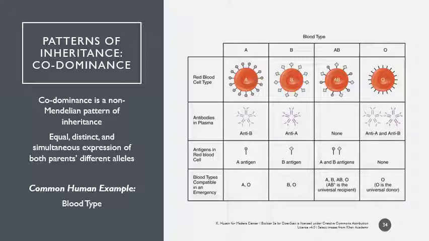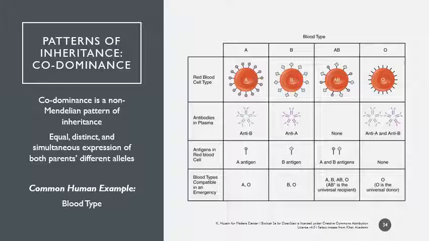So if you're type A, you only have the dominant A allele. You might have the recessive O allele. If you're type B, you might be homozygous dominant for B, and then you might also be heterozygous with O. But if you're type AB, if you have an allele that codes for the A antigen on the surface of your red blood cells and an allele that codes for the B antigen, one is not going to be dominant over the other.